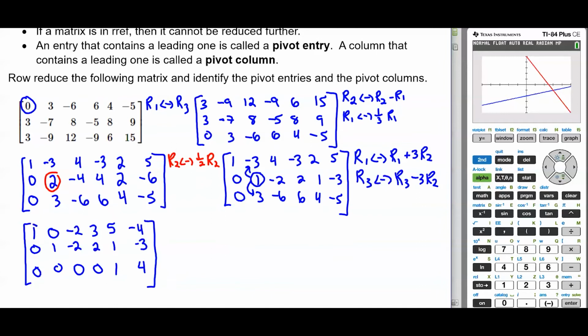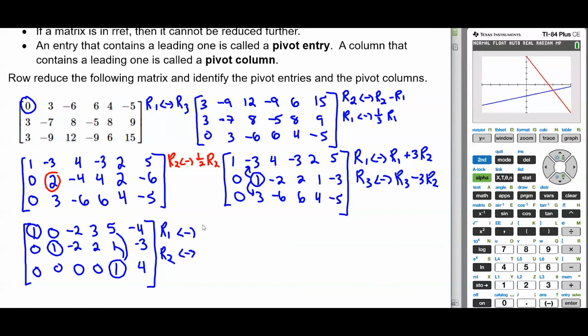And I've got a leading 1 here, leading 1 here, and in the third column, the leading 1 doesn't come until the fourth column. So we're still going to pivot. We've got to make these entries 0. So I've got to change row 1 and row 2, and I'm going to use row 3 to do it.